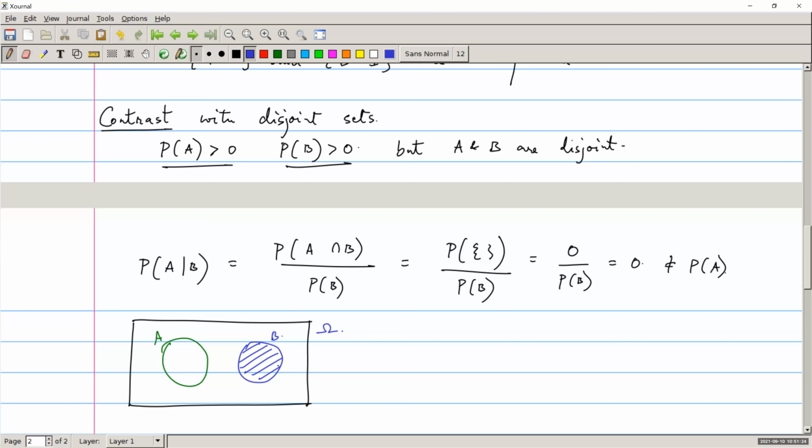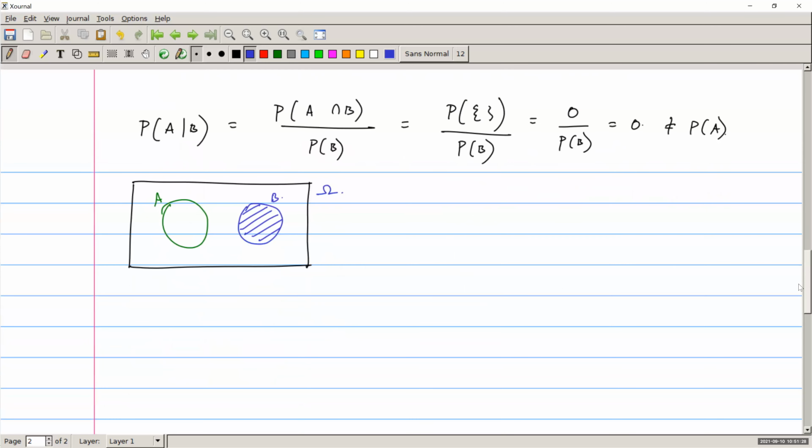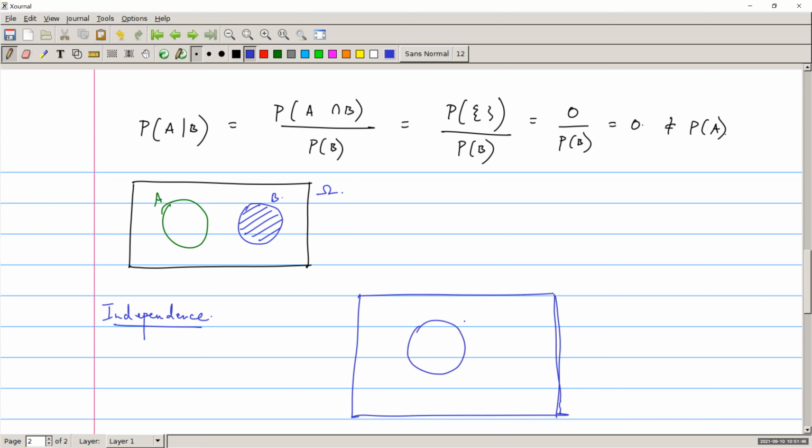Is everyone clear on this? So independence means that the sets intersect in exactly the right way. Two sets are independent, or they provide no information about each other, when they intersect in exactly the correct way.